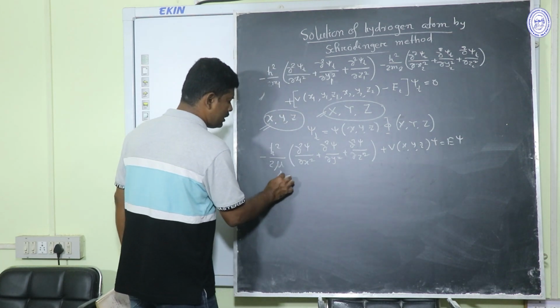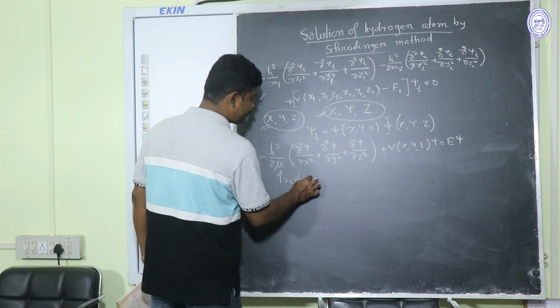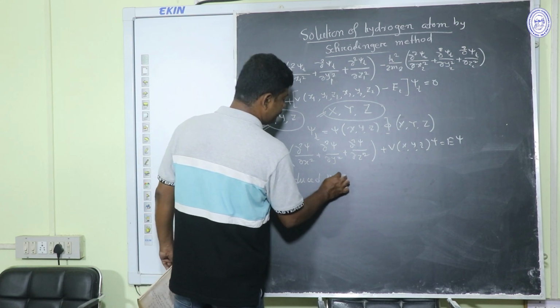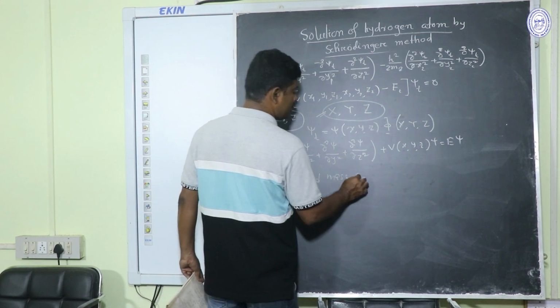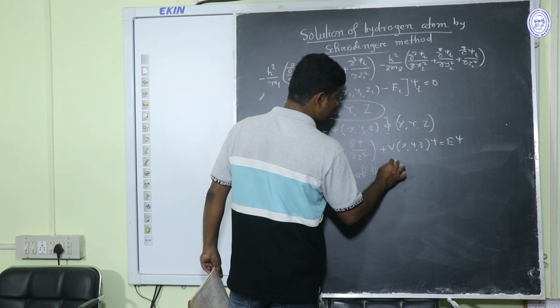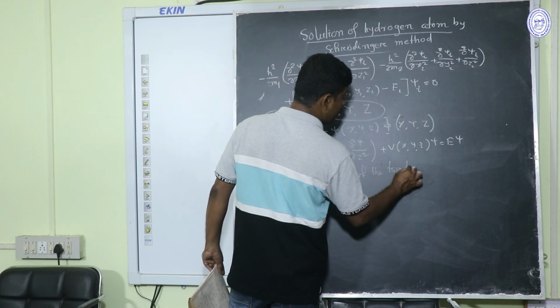Mu is the reduced mass of the two particle system.